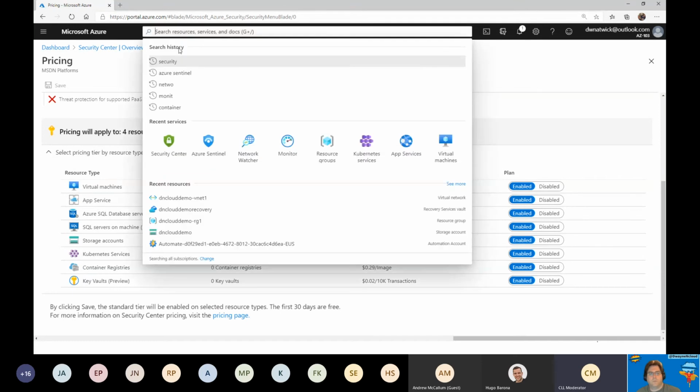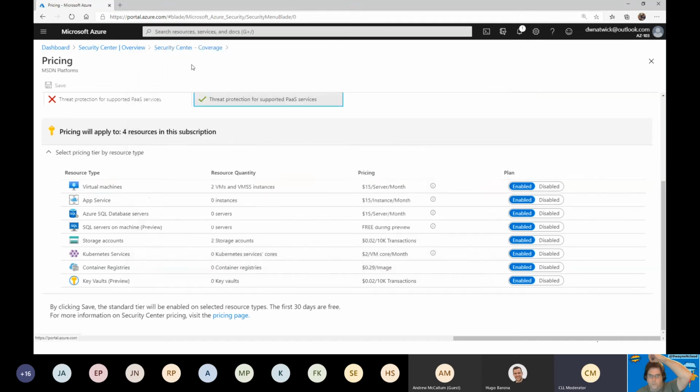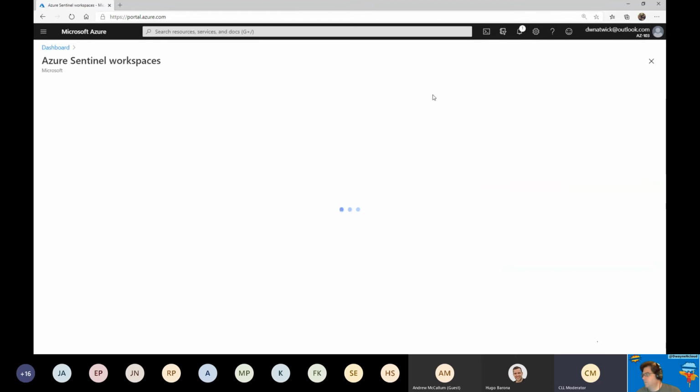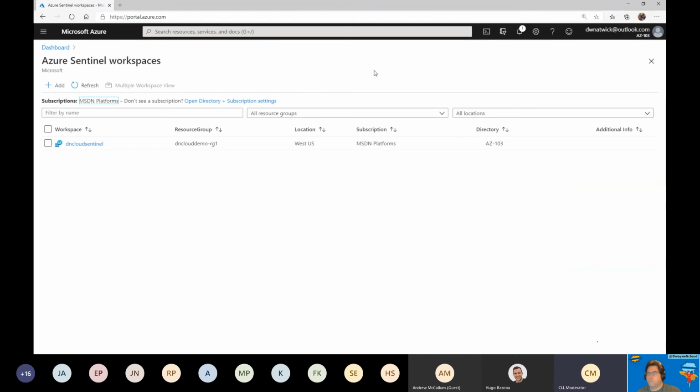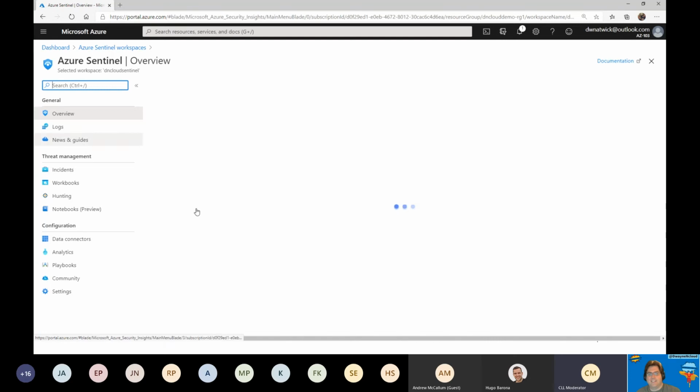From the perspective of security, would it be best practice to use Security Center and Sentinel, or would Sentinel be enough to manage the security? And if Security Center and Sentinel complement each other, then what kind of security checks should be done in Security Center and which in Sentinel?